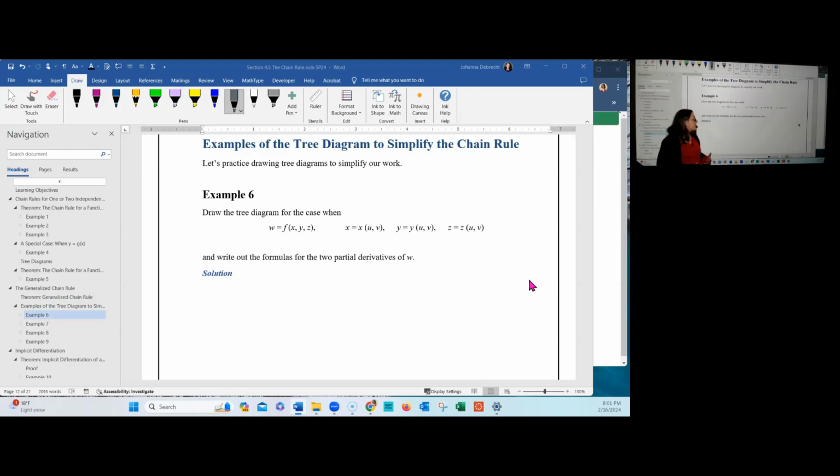We want to go ahead and draw the tree diagram for the case when w is a function of 3 independent variables, x, y, and z, where x is a function of 2 independent variables, u and v, as is y and z. Go ahead and pause the video now, write out a tree diagram, either horizontally or vertically, then turn it back on and we'll compare our work.